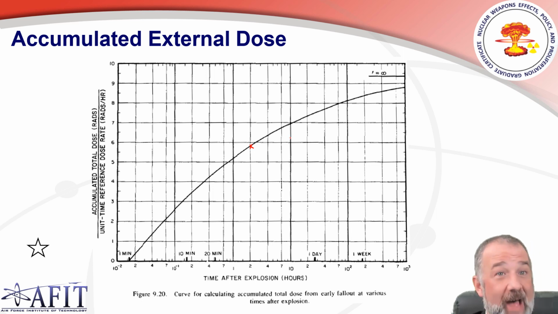And then we're looking for 12 hours after that, which is 14 hours, which is somewhere right around here. So let's read the figures off here. This is going to be 7 and a little bit of change, and this one is going to be 5 and some change. So let's call it 7.2.